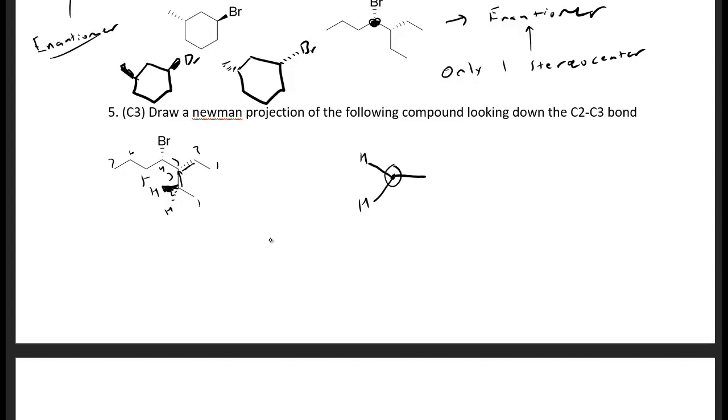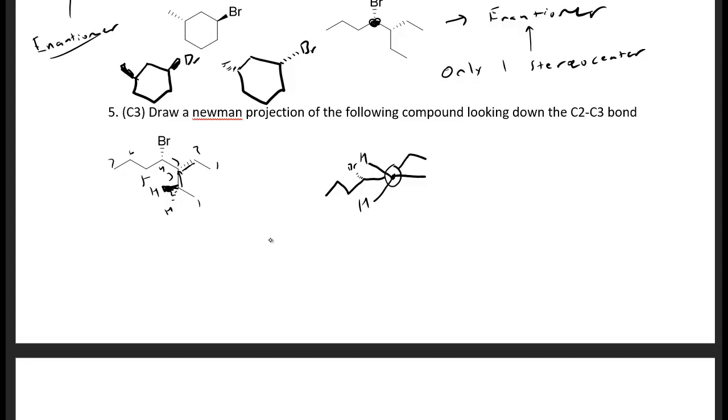On that back carbon, I've got my long carbon chain coming off here. So that's that, and that's got the bromine attached to it, and then the propyl group attached to it. And then I have a hydrogen as well as an ethyl group as well.